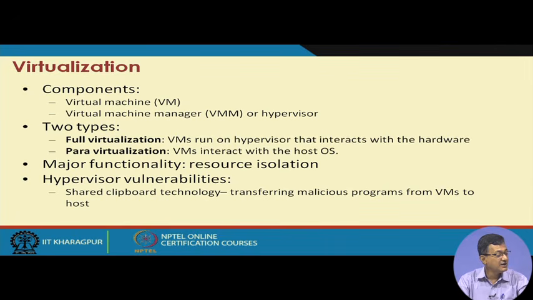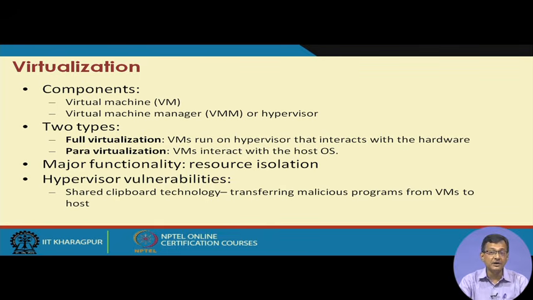Another is para virtualization, where the VM interacts with the host OS directly, that means it penetrates to a higher level. The major functionality is resource isolation, right. What it tries to do is isolate the consumer or user from the rest of the infrastructure, the backbone, so that it can provide different scalable services.